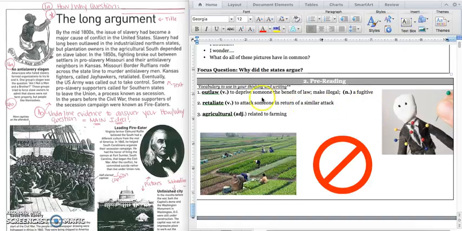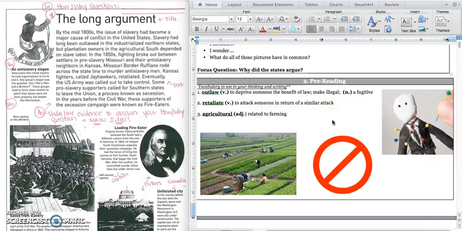The first word is outlaw. That is someone who's done something illegal or a fugitive. And so we would draw a picture to this no symbol because someone has done something illegal. The second one is retaliate.